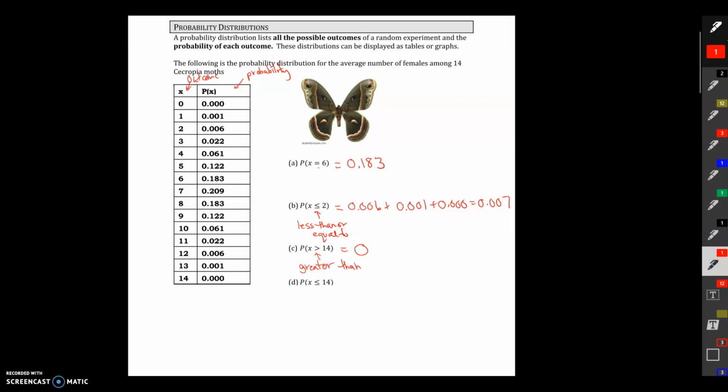And similarly, the probability that we have less than or equal to 14 is going to be 1. It's a sure thing, right? Remember, and this is a key thing we have to remember about probabilities, the sum of all probabilities in a distribution must be 1.